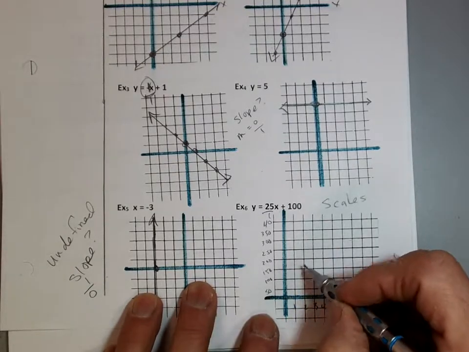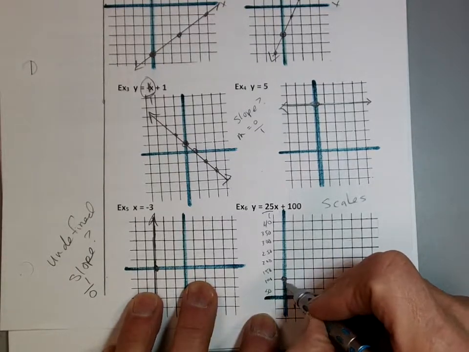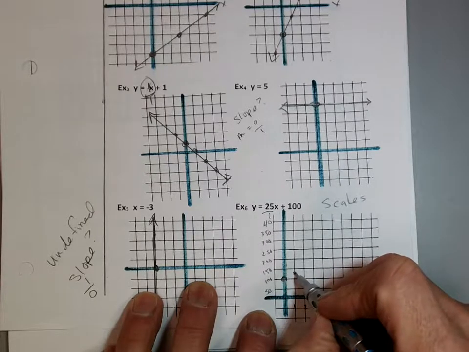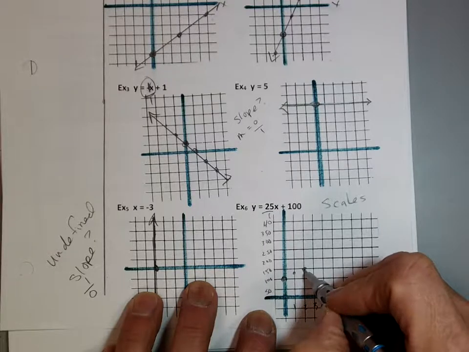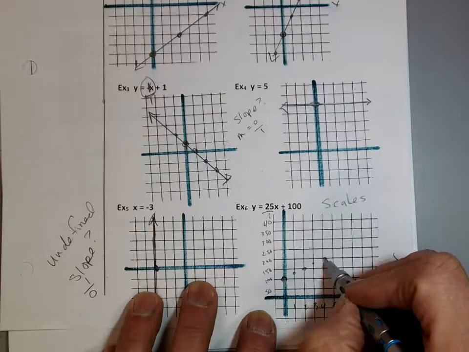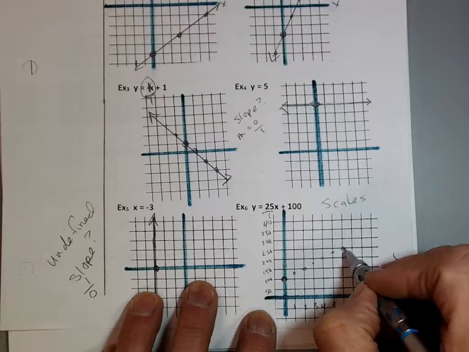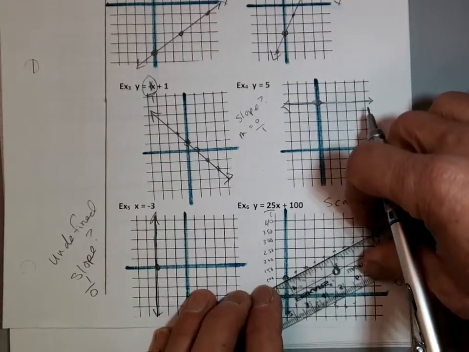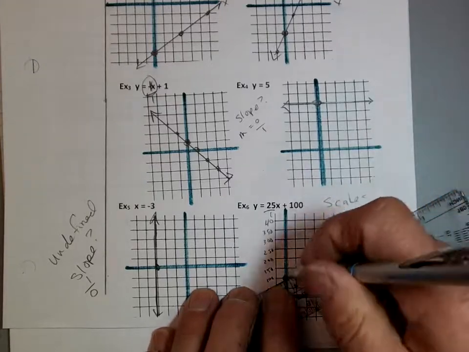So we can do this. We're going to start at 100. I'm going to go up 25 and over 1. Up 25 and over 1, and so forth and so on until we got. Nice job, you guys. Good reasoning. I think we're going to have a good class.